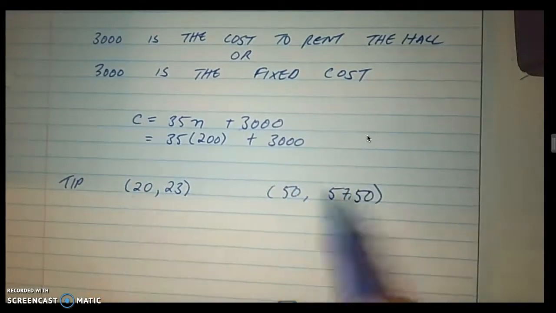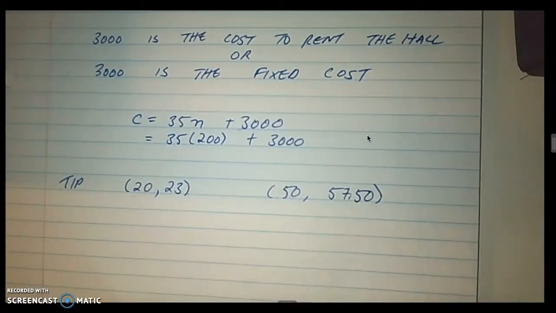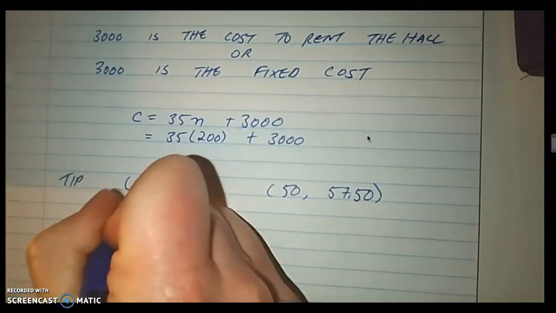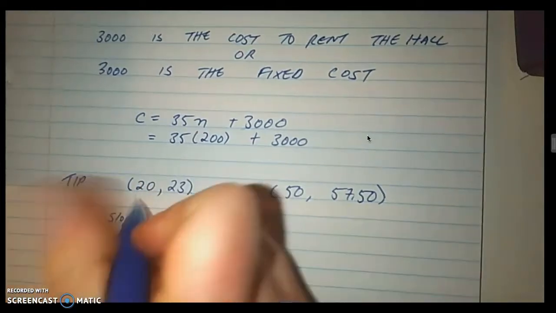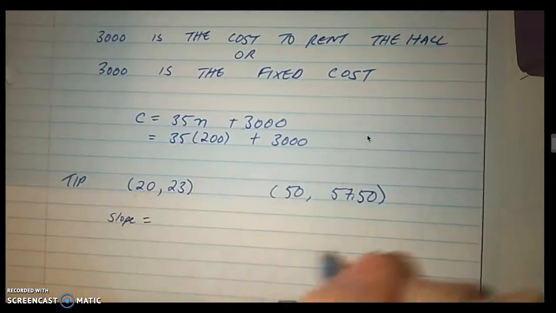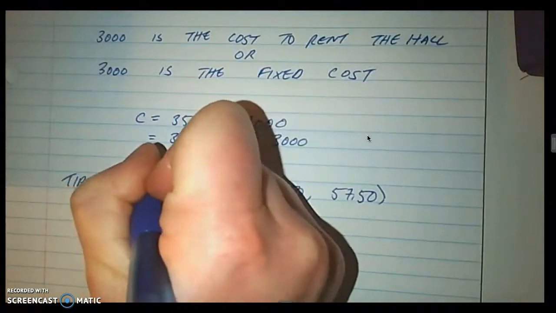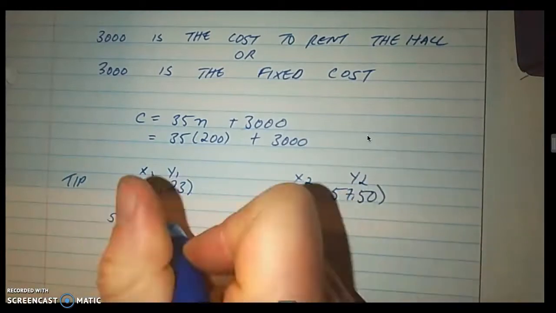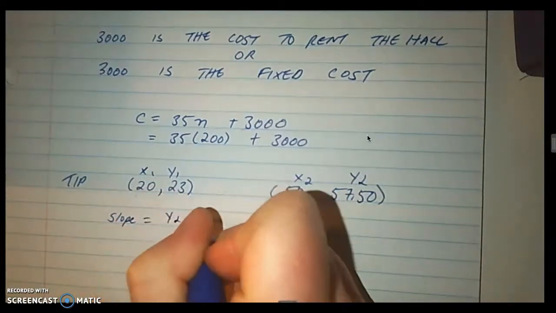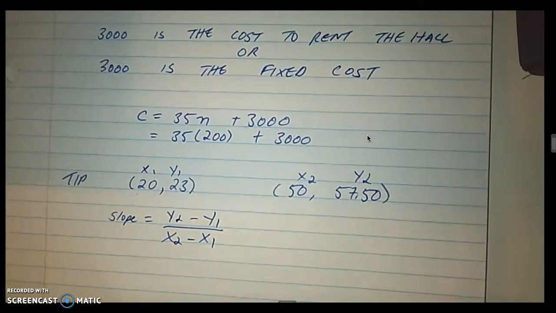Essentially, if you were graphing this on a line, this would give you two points on the line. Then to figure out the slope, that'll give you what you multiply the bill by to figure out the total with tip. So here I've got x1, y1, x2, y2, and I would do y2 minus y1 over x2 minus x1, kind of like you were doing earlier.